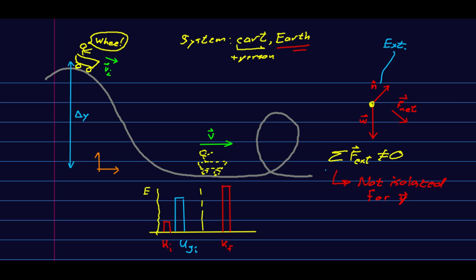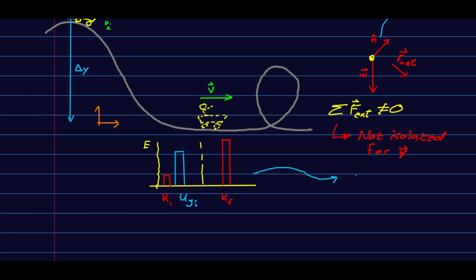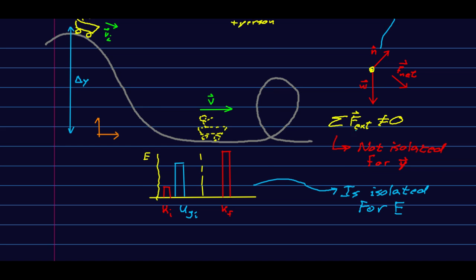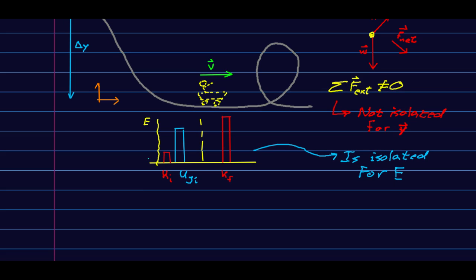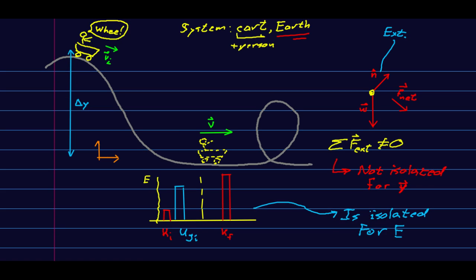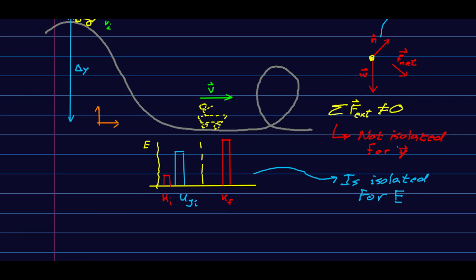But if we're talking about energy, the system is isolated. Because the external forces, the sum of all the external forces, does no work, and so the system's energy is conserved. So this illustrates that a system can be isolated for energy and not for momentum, and as we'll see, the reverse is also true.